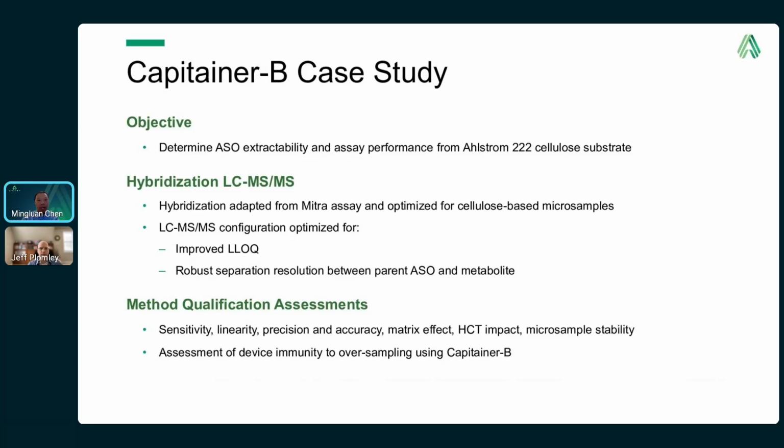The LC-MS configuration was fine-tuned to improve the LOQ while maintaining a robust separation between the parent ASO and the metabolites and analogs. A comprehensive validation was performed to confirm the workflow is suitable for validation and sample analysis. We also assessed the device's immunity to oversampling, to ensure accurate volumetric collection.